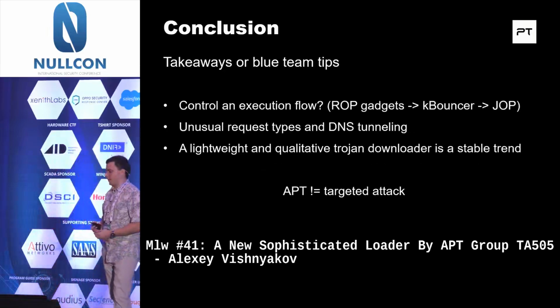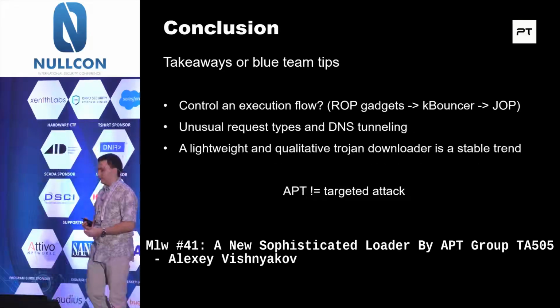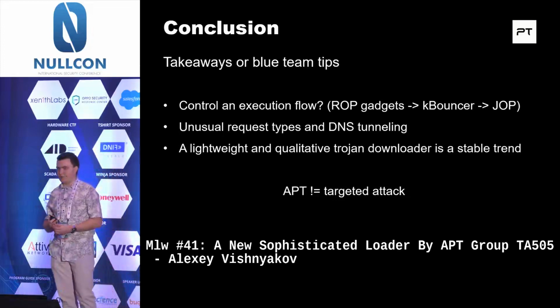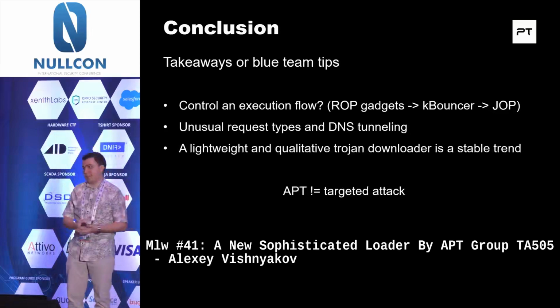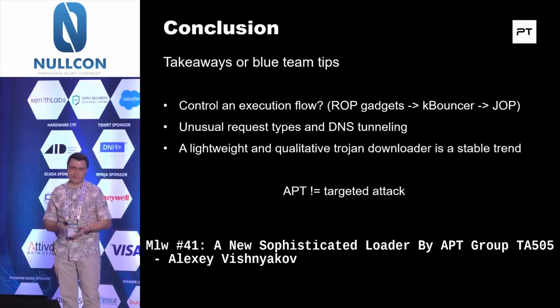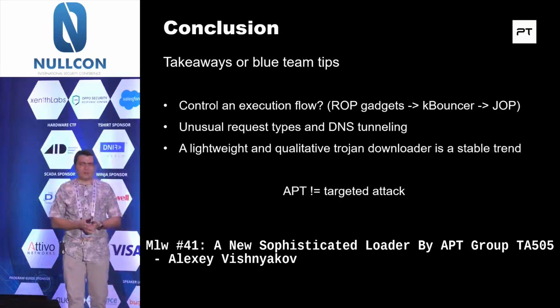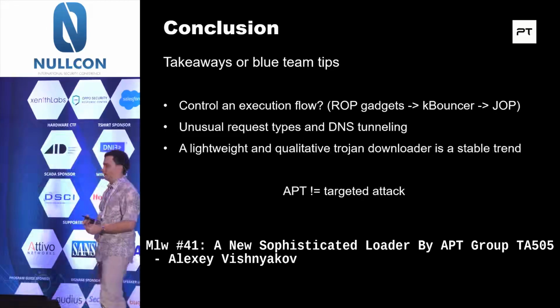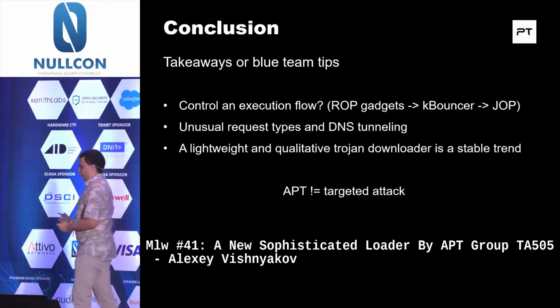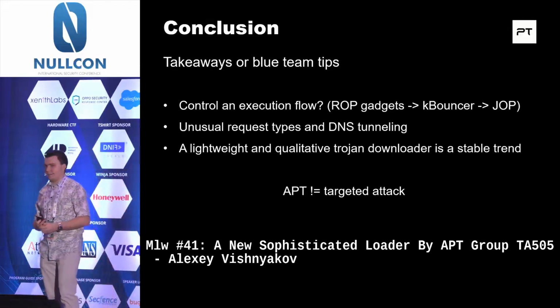A few more moments, we saw the use of a ROP gadget chain. It was very simple, but usually it relates to vulnerability exploitation, and commonly this is a really complex technique.